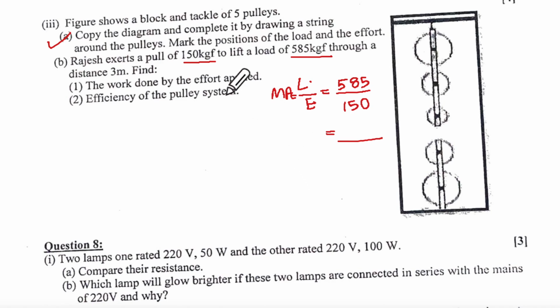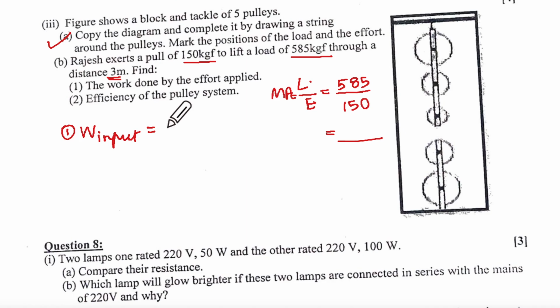So work done by the effort applied. What is the work done by the effort? It means work input. How much is the work input? 150 into 3? No, not 150 into 3.